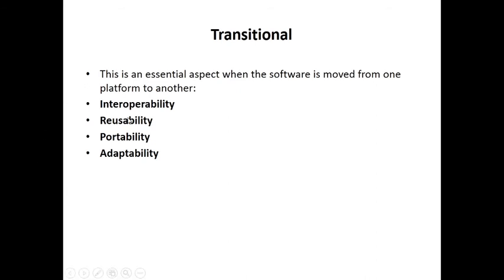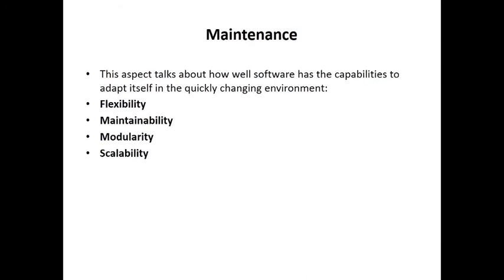So that is reusability. Portability. It must be portable in nature, can be used on multiple platforms, say on your desktop, on your laptop, even on your mobile also. Adaptability. It must adapt according to the environment in which you are going to install it or the changes that are ever required. So these are transitional characteristics.